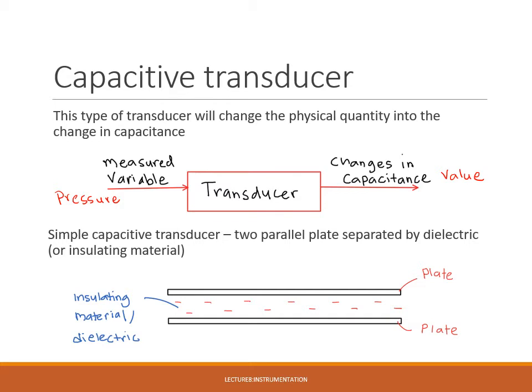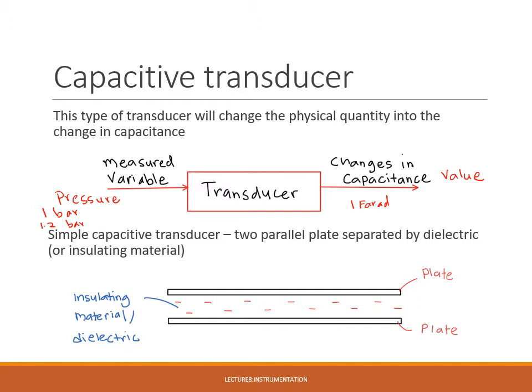So let's say we have 1 bar pressure, and let's say the output of this capacitive transducer is around 1 farad. Then when the pressure changes to 1.2 bar, the capacitance value here will also change.